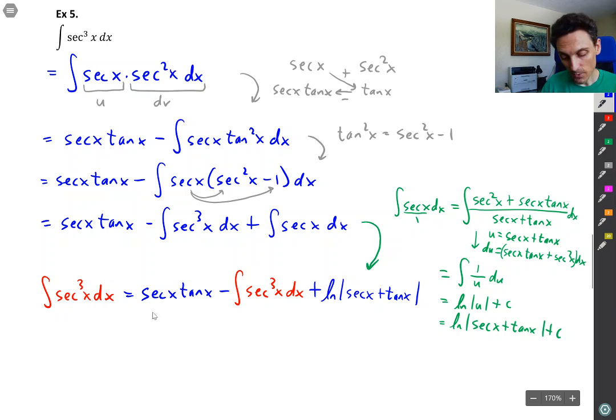So now we're looking at the equation integral of secant cubed equals secant x times tangent x minus the integral of secant cubed plus the ln of secant x plus tangent x that we just found. Now what we can do is bring both of the integral of secant cubes together by adding integral of secant cubed to both sides.